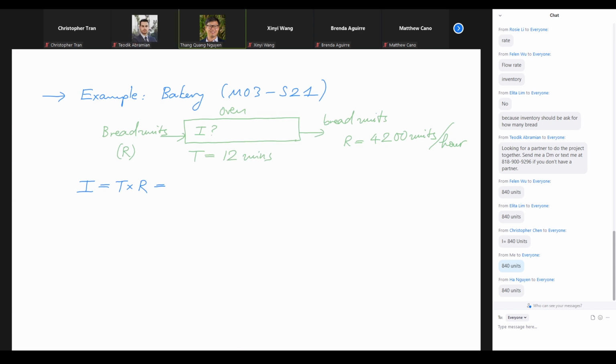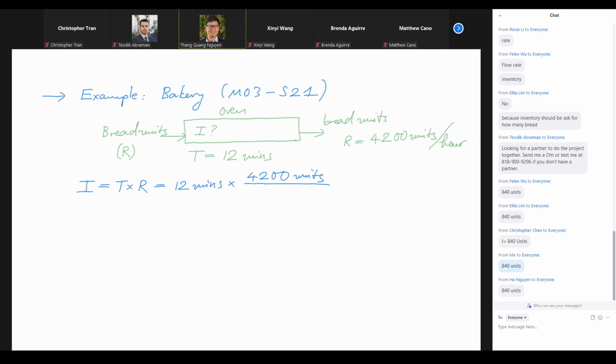So we know that the flow time is 12 minutes. Right, and then the flow rate is 4,200 units per hour. So I just rewrite the information here without any changes, right? We don't want to change anything yet because we want to keep them original for it to be correct.